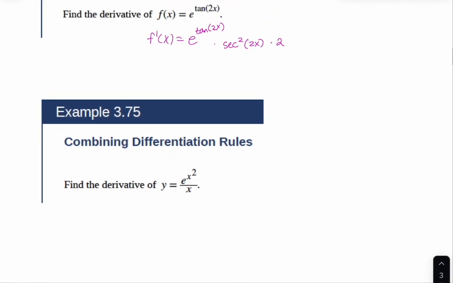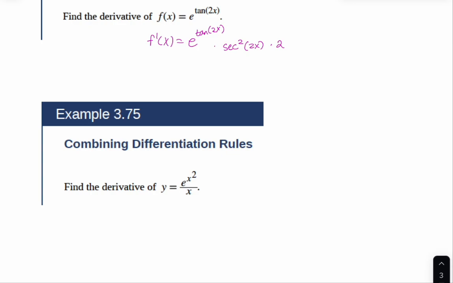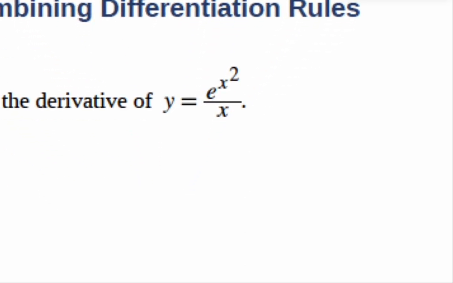375 requires a chain rule and a quotient rule. So it's a quotient. Remember, the quotient rule is the derivative will be the bottom times the derivative of the top minus the top times the derivative of the bottom, all over the bottom squared.